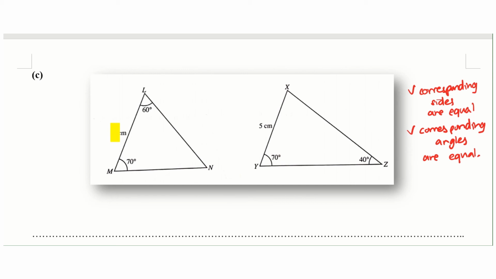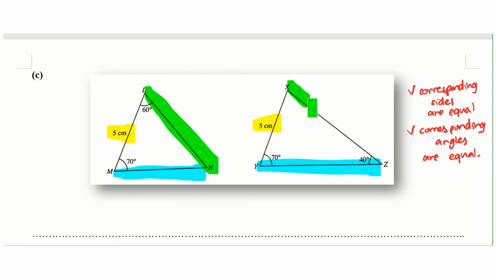For the sides we have 5 cm and 5 cm over here, but we have no information about MN, YZ, as well as LN and XZ. So without the information, it is going to be very difficult for us to prove that the corresponding sides are equal.